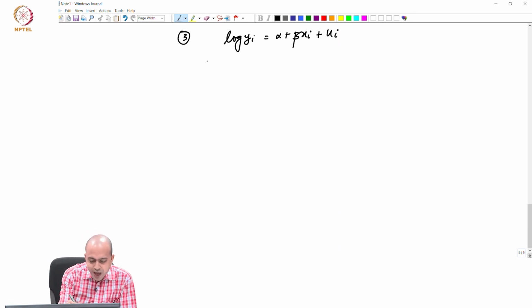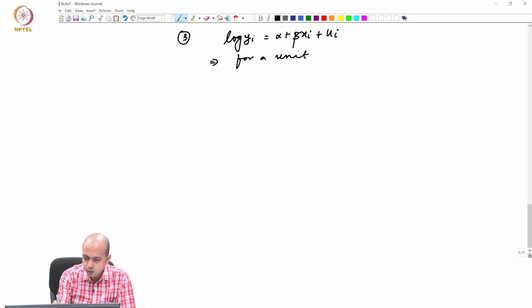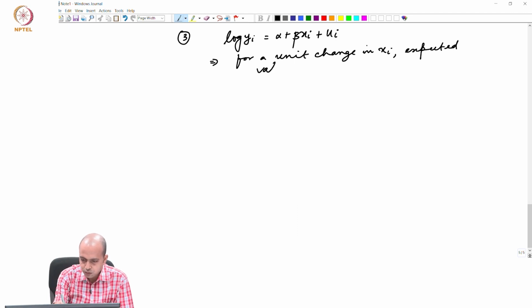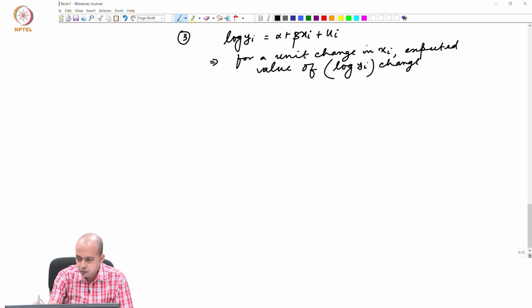Now, if I apply the interpretation of model 1 here, then I can write that for a unit change in xi, the expected value of log of yi changes by beta hat amount.